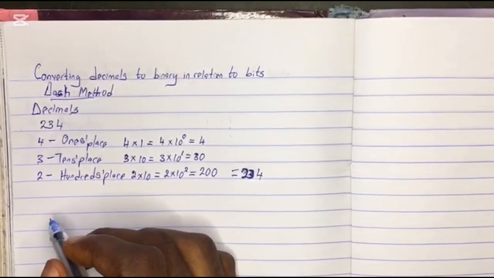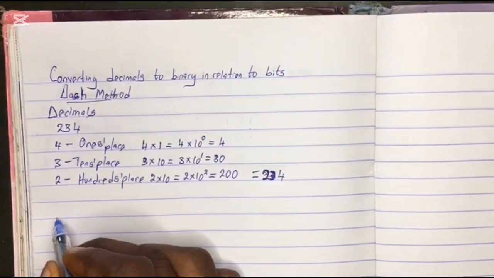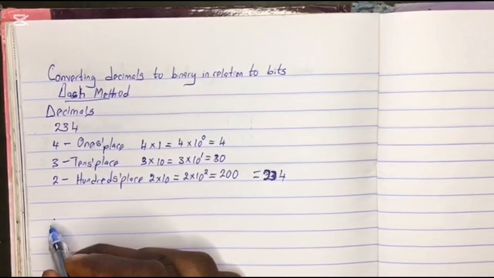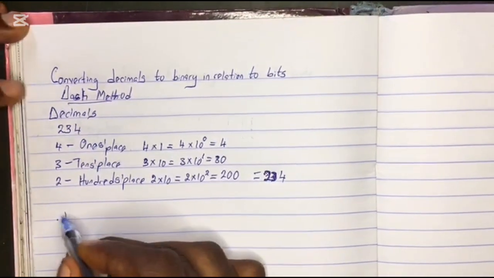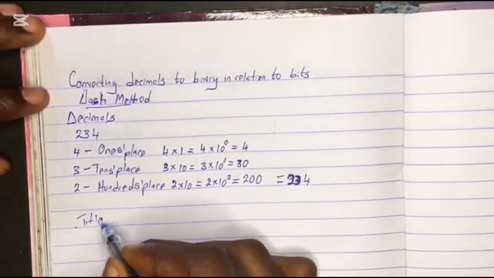Moving on, it's way easier to use the dash method to convert decimals to binary. First, you have to know the type of number you're working with. We call it the title number. That title number is what you're being asked to convert.